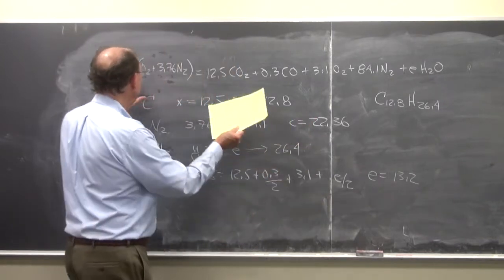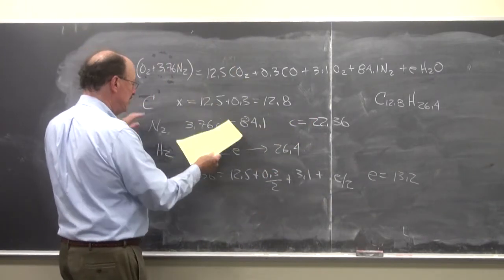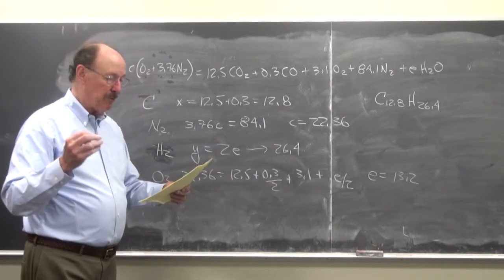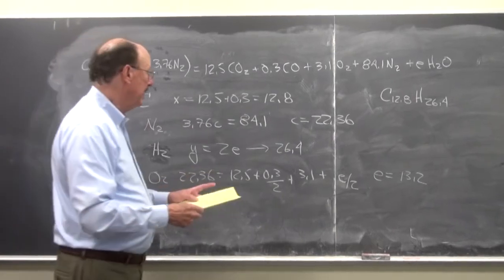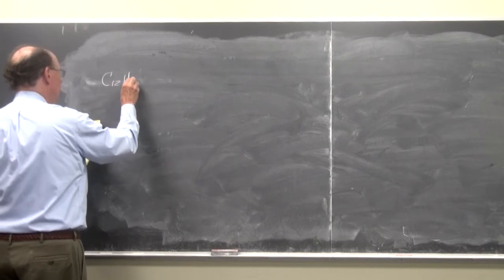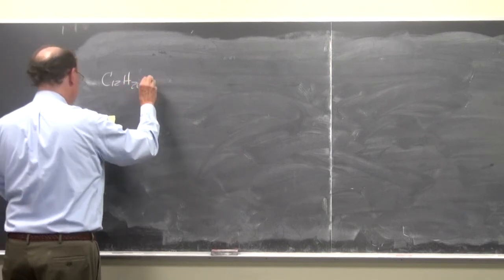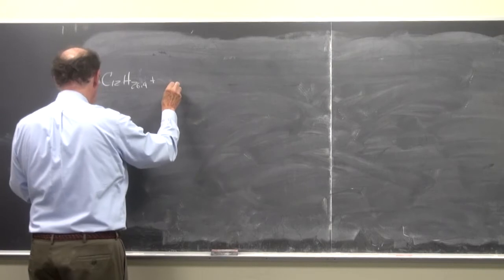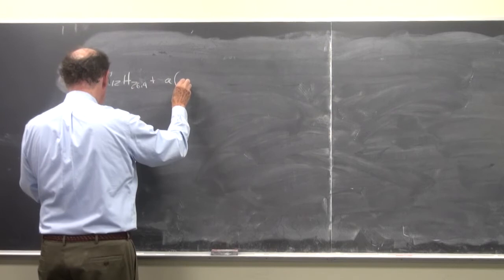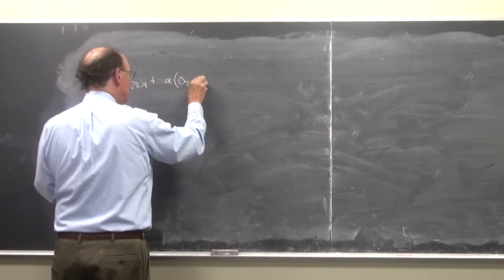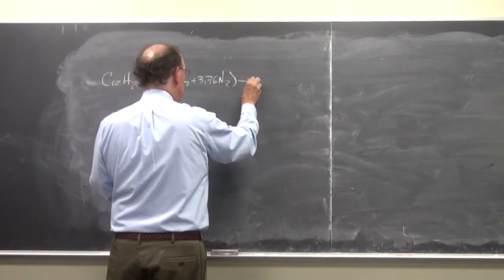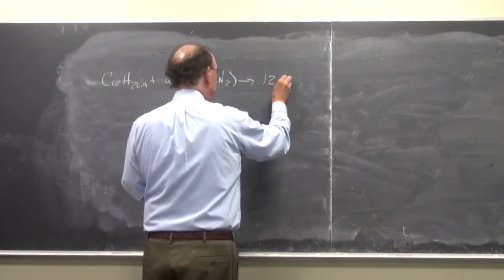So we had this equation. We balanced this equation, so now we have this equation balanced. And now let's do this for 100% theoretical air. So we have C12H26.4 plus O2 plus A times O2 plus 3.76 N2 yields 12 CO2.